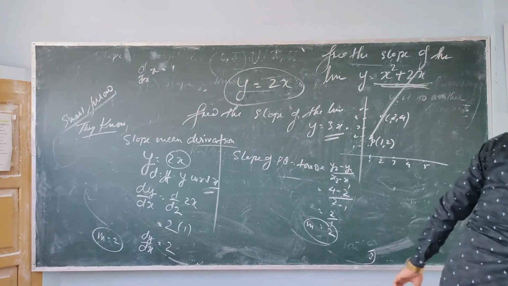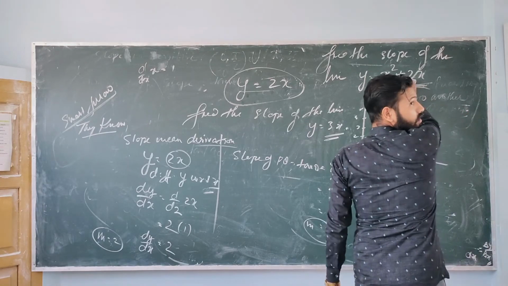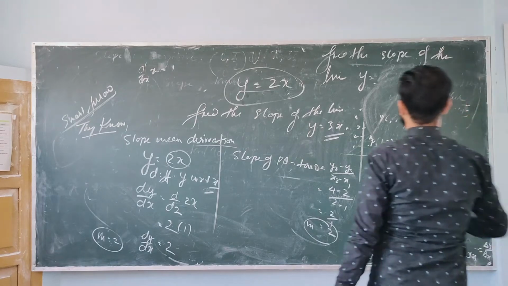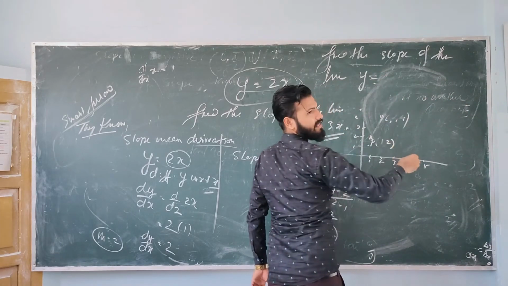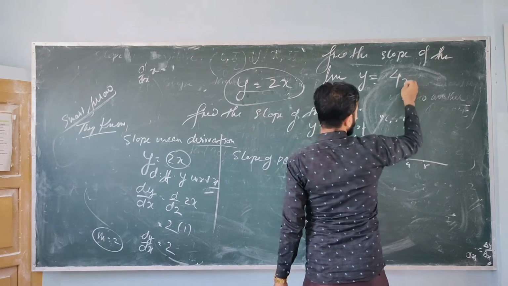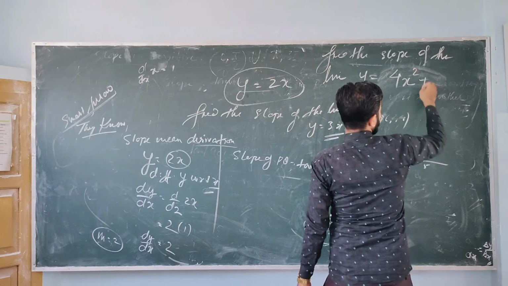Okay, x cube. ऐसा करते हैं इसको और easy देते हैं, I'm making it like this, suppose 4x square plus 2.